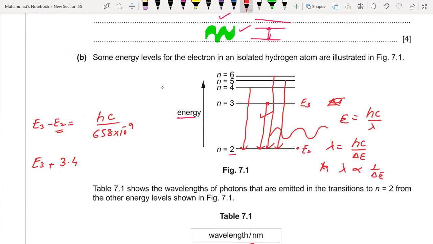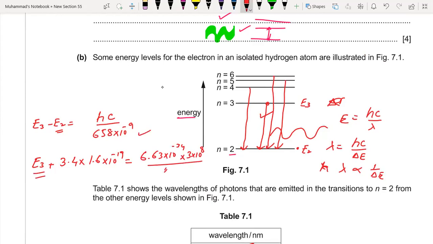This is in electron volts, so we have to convert this into joules, and you know that 1 electron volt is 1.6 times 10 to the power minus 19 joule. h is Planck's constant, that is 6.63 times 10 to the power minus 34, times the speed of light over this value.